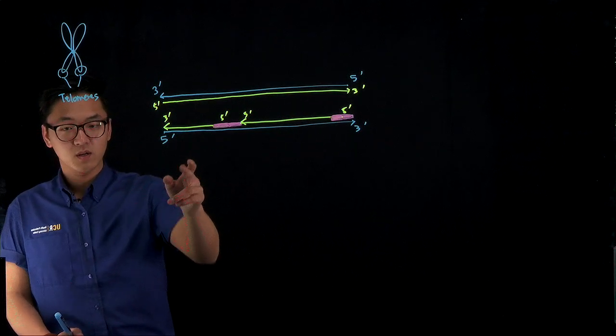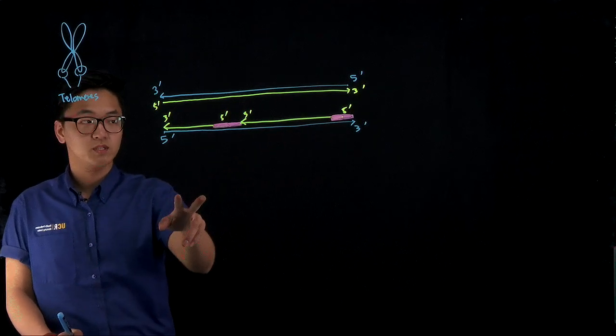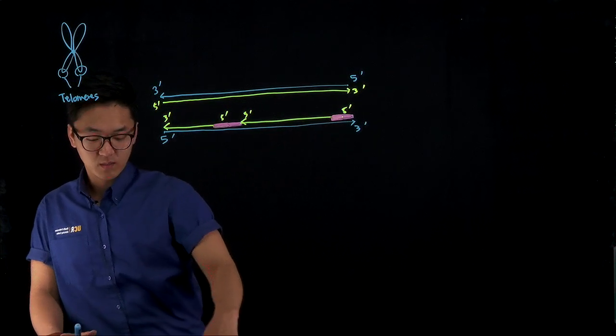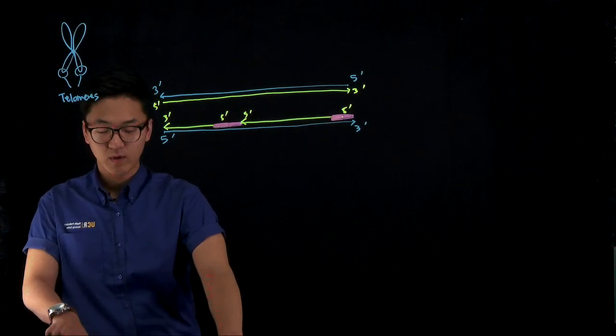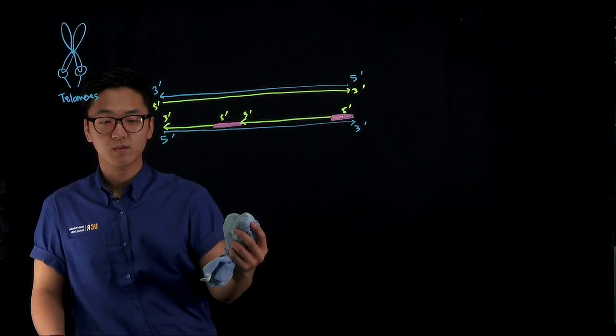But for the lagging strand, we need a primer once in a while because we're going in the opposite direction. The problem is that after we replicate all our DNA information, we have to remove our RNA primer.